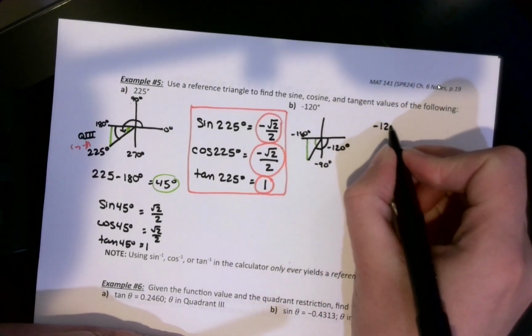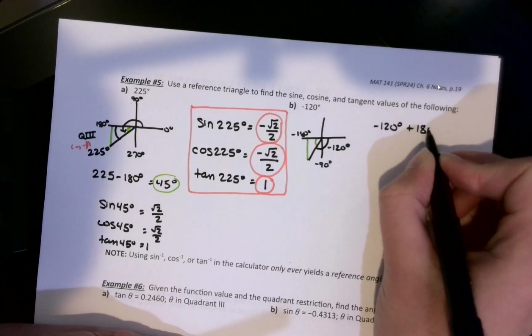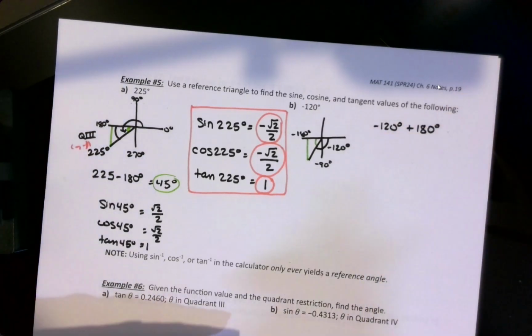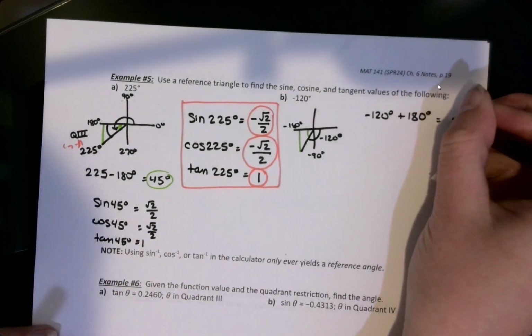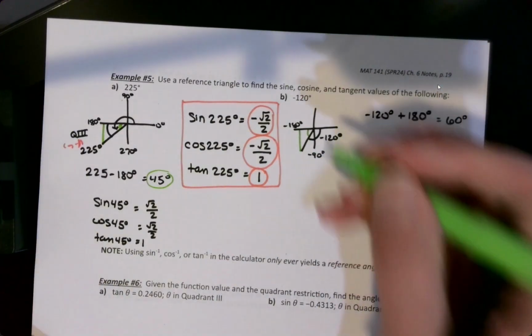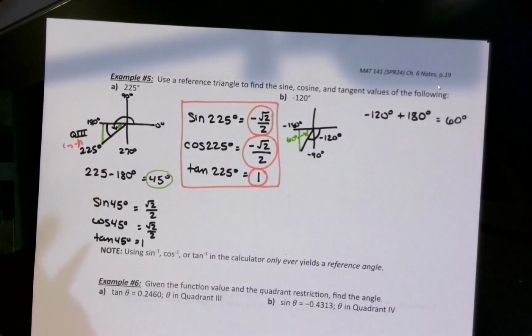So I'm going to take that negative 120, and I'm going to find the difference between that and 180. So I'm going to add 180 to it, and that will give me a measure of 60. So it's 60 degrees inside this triangle. So the reference angle here is 60 degrees.